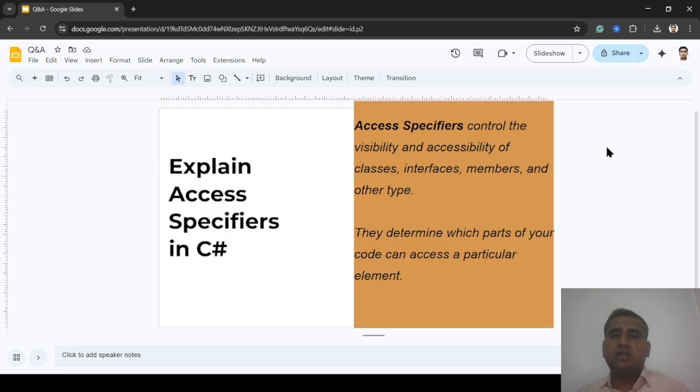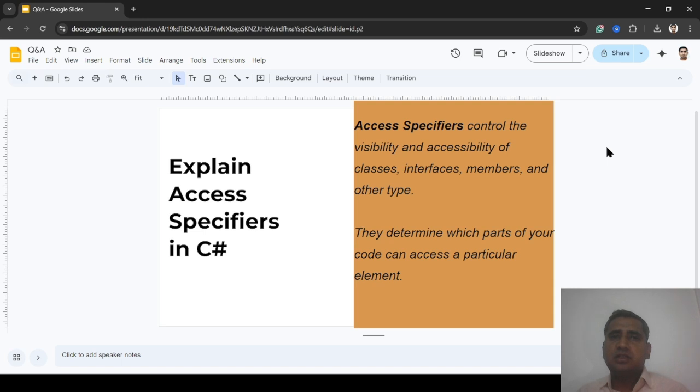The access specifiers control the visibility and accessibility of classes, interfaces, and other types. They determine which part of your code can be accessed or can access a particular element.